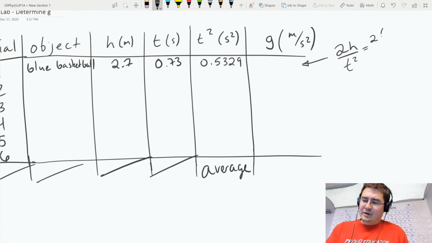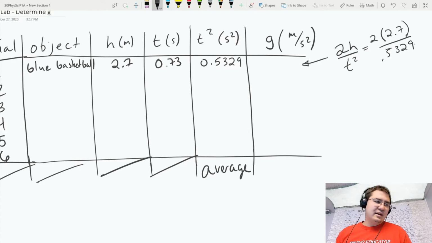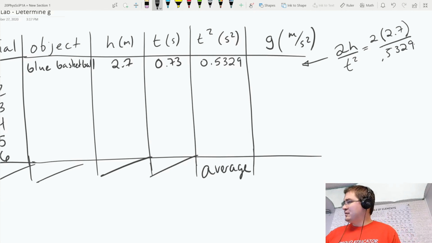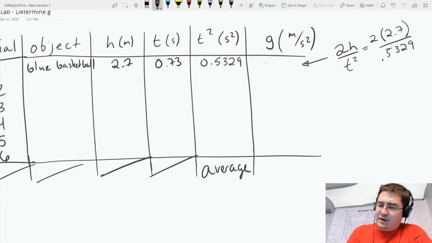So I will type into my calculator 2 times 2.7 divided by 0.5329. On your calculator, do the multiplication first. 2 times 2.7, enter, divided by 0.5329, enter.